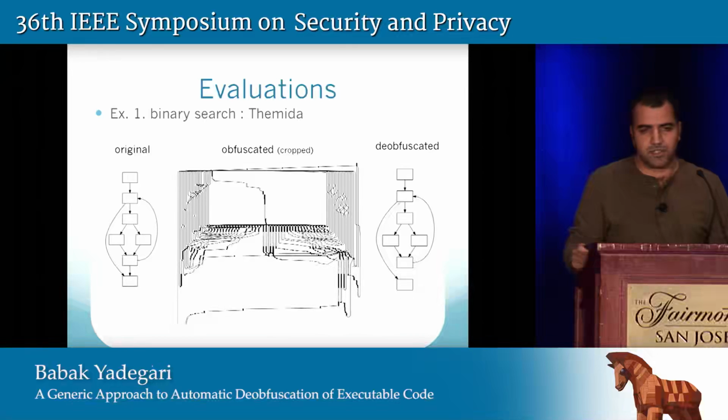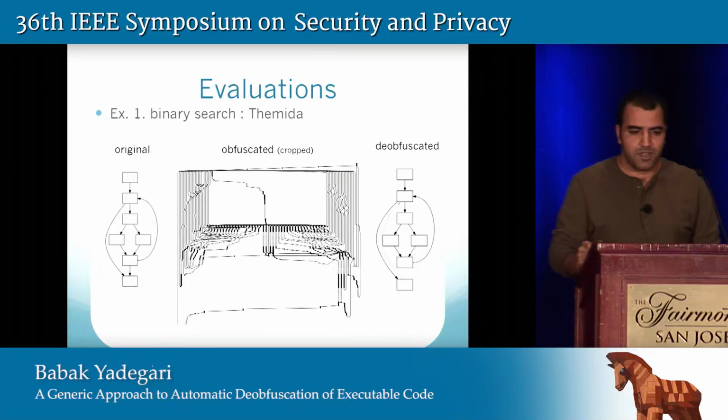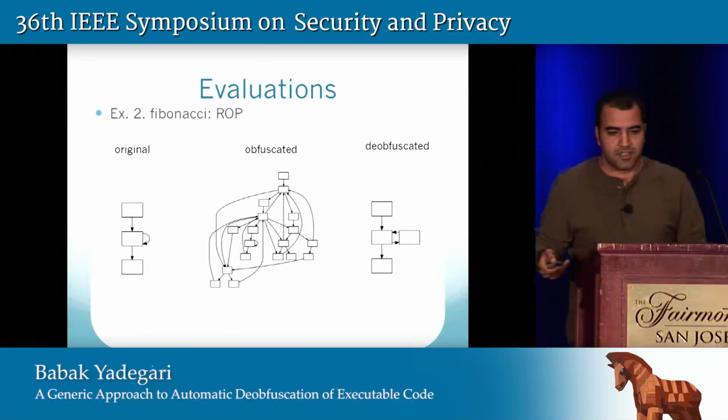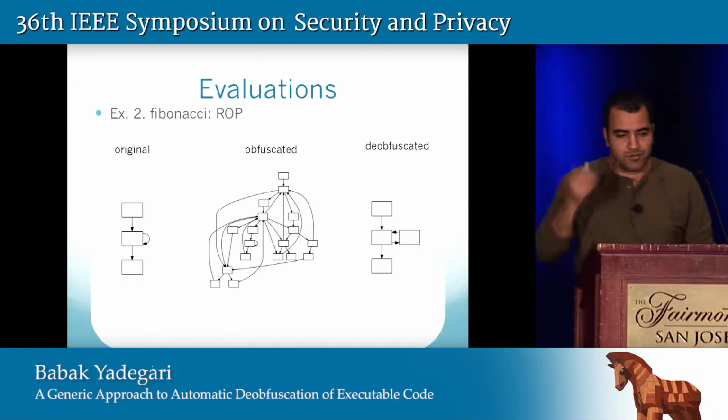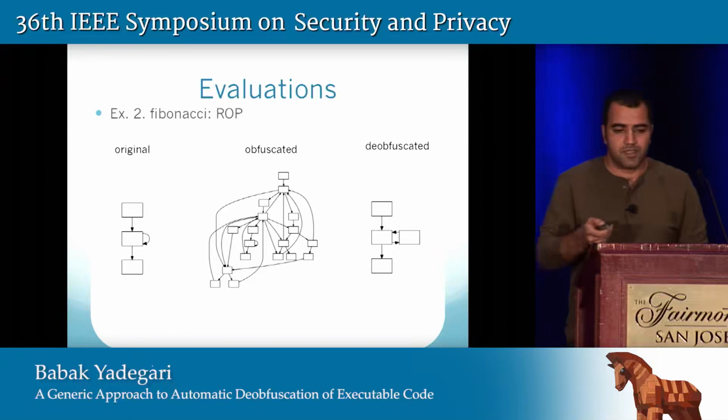And the picture on the right shows the CFG we were able to recover from that obfuscated trace. And this is the Fibonacci program, where we used drop gadgets to build it. As you see, our tool was able to recover the original logic of the program from the obfuscated trace.